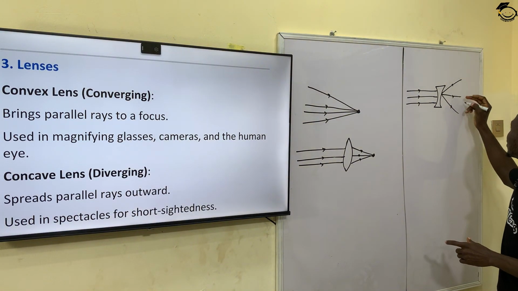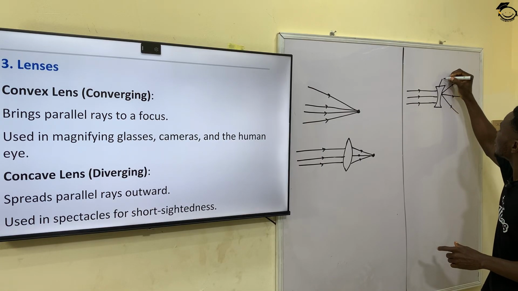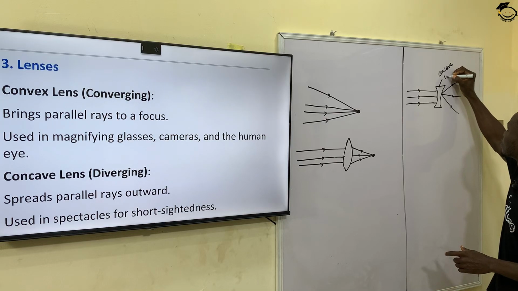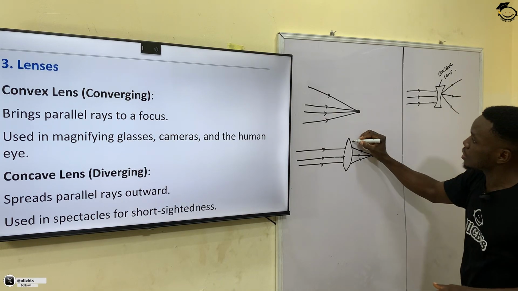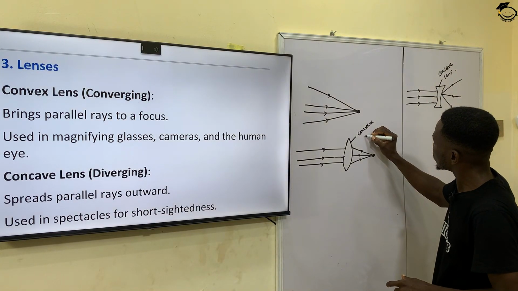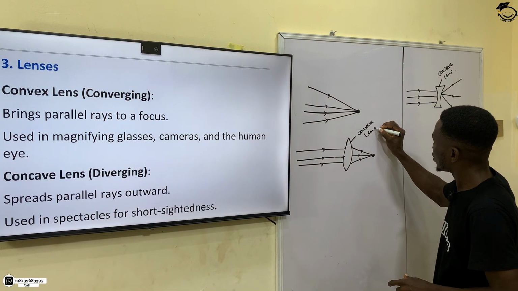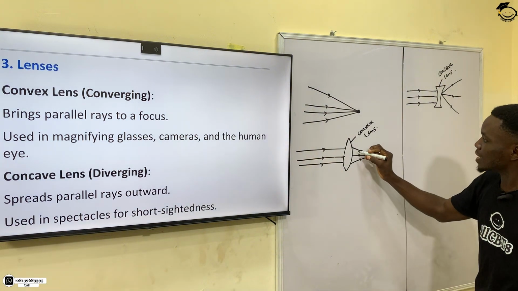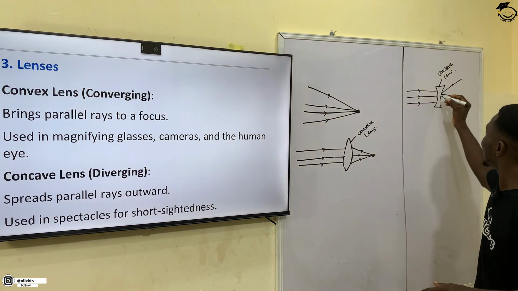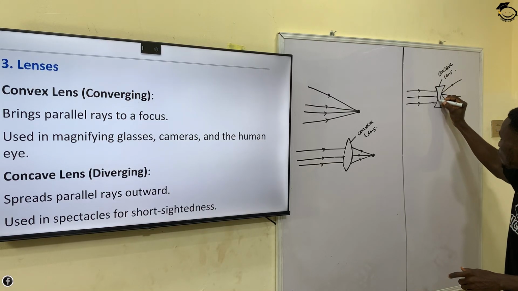So at this point, this is what we call what? This here is a concave lens. And this is a convex lens. So you discover that in a convex lens, the outer part is pushing outward, but in a concave lens, it is pushing inward.